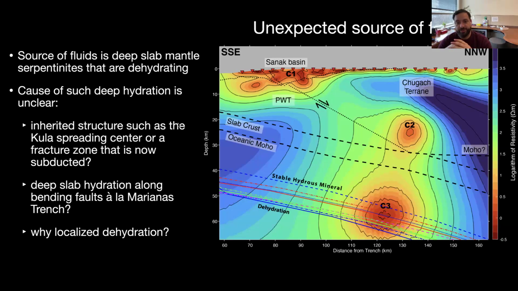So we deep tow a transmitter, and the transmitter we typically use has anywhere between a 1 second to 4 second fundamental frequency, and then it's a boxcar function. It's a fancy boxcar function, and it has harmonics. And so our data that we're inverting for CSEM usually are on the order of between 1/4 hertz up to about 3 1/4 hertz.